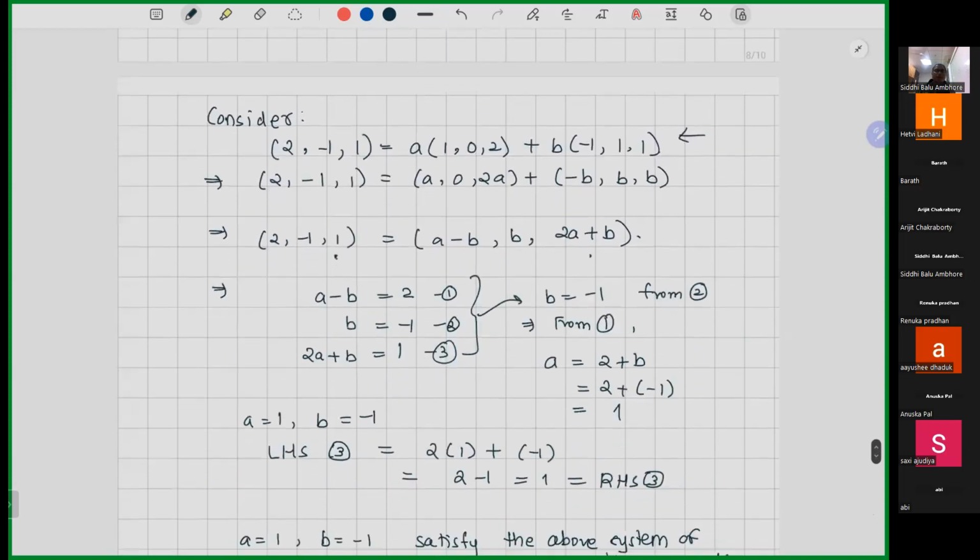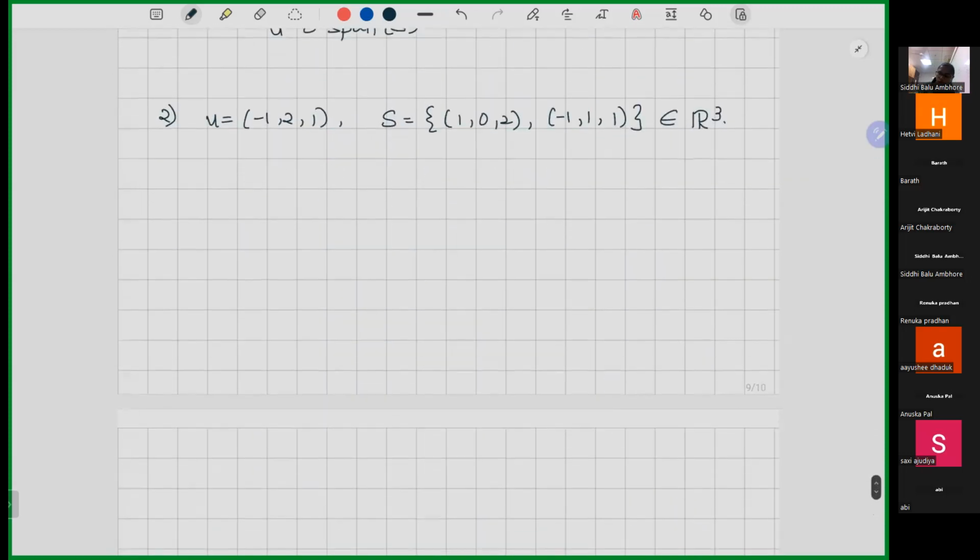So we want to find a and b in short, such that u must be a times (1, 0, 2). We want to find a and b in R such that a (1, 0, 2) plus b (-1, 1, 1) is equal to (-1, 2, 1).